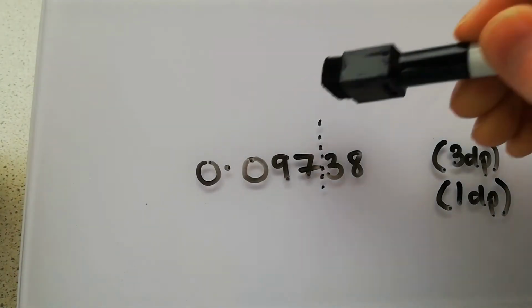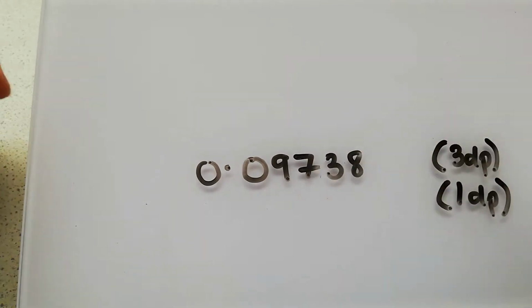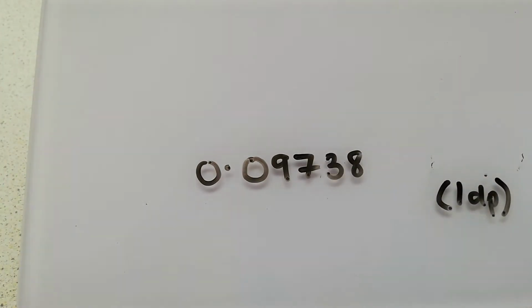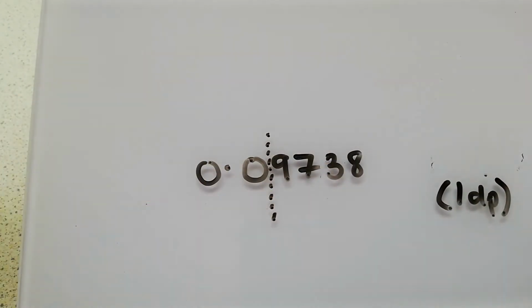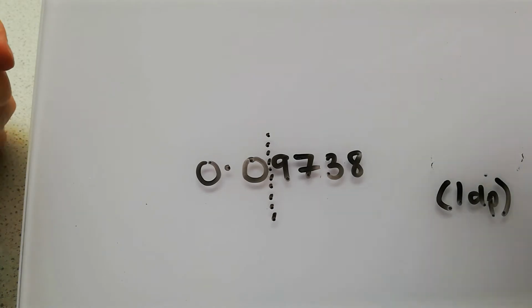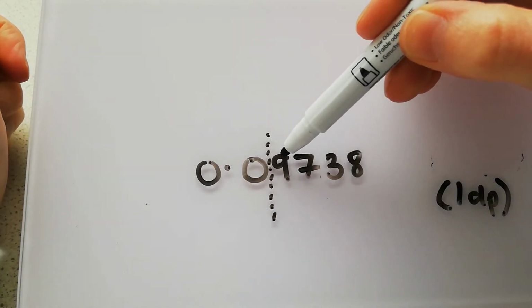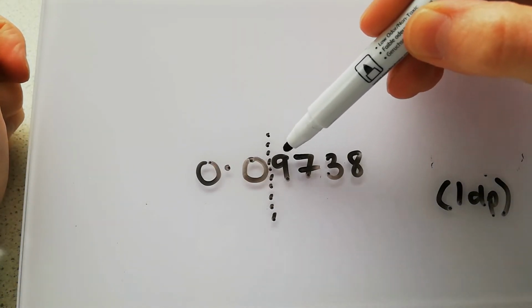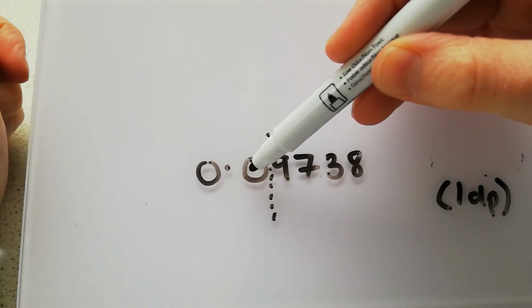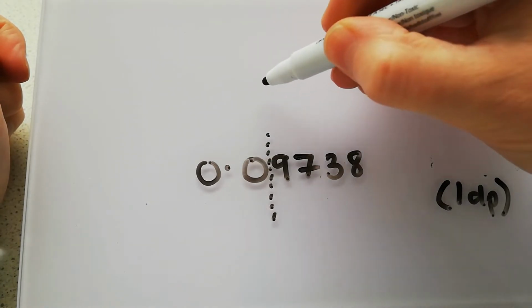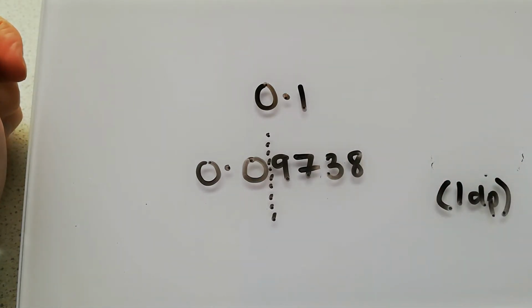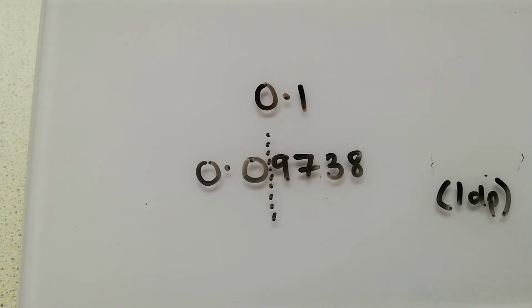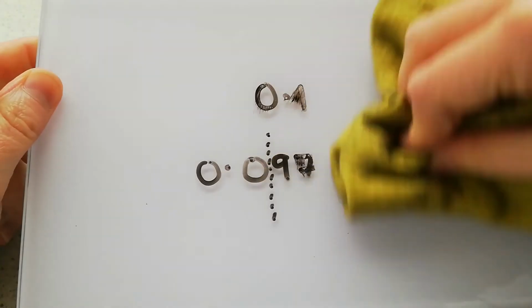However, if I wanted it to 1 decimal place, then I would make a cut there after the first digit after the decimal point. To the right of the line, I've got a number that's bigger than 5, which means that the 0 changes into a 1. The 0 gets moved up by 1. So to 1 decimal place, the answer is 0.1. All right. And that's rounding to particular numbers of decimal places.